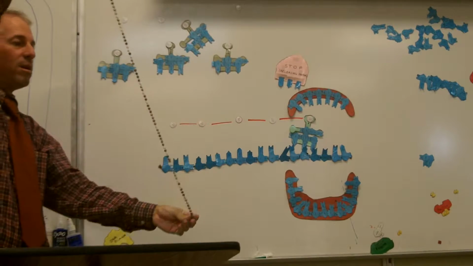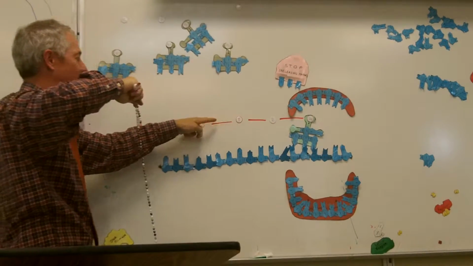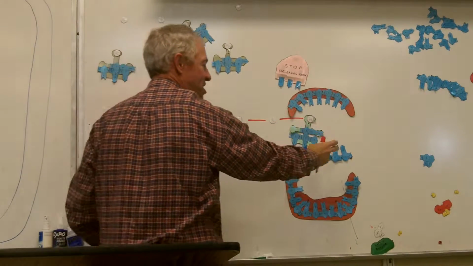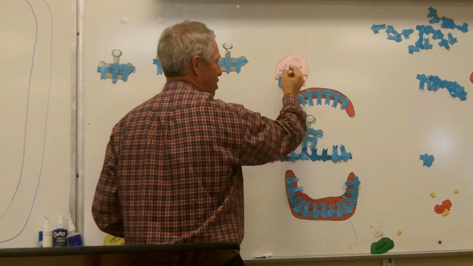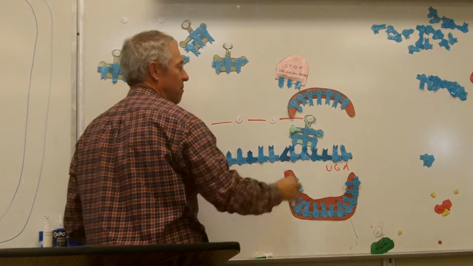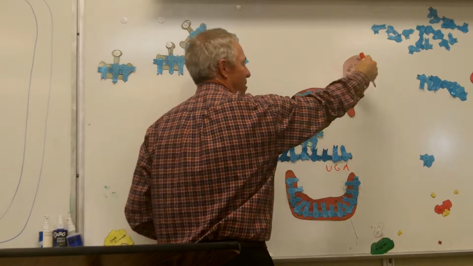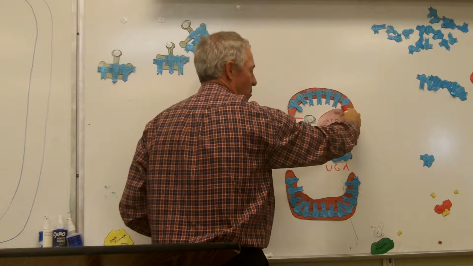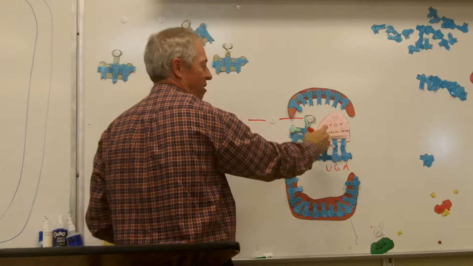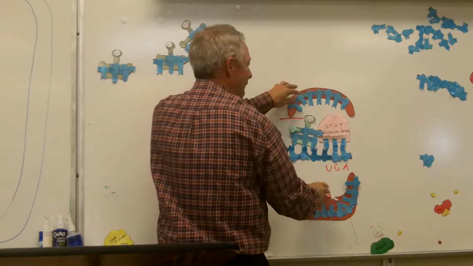Here we go. So, we actually have a whole bunch of these amino acids making a real long chain. But then the last codon codes for stop. It might be UGA. That's one of the stop codons. And the stop codon will come in and will bind. This is what we call the releasing factor.